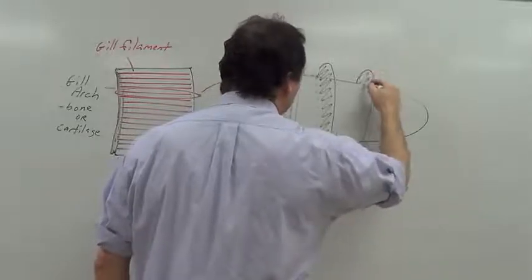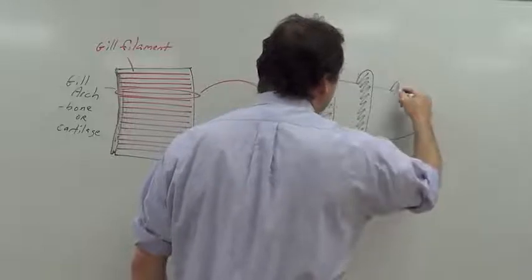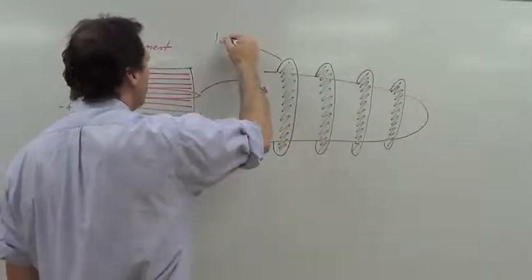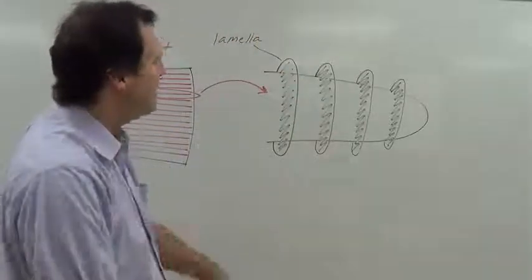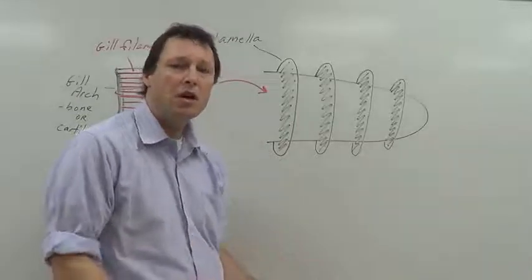Let's draw a couple flaps of skin. And these flaps of skin obviously have names. Let's give it a name. It's called lamella. And these lamella, these flaps of skin, are going to serve to increase surface area.